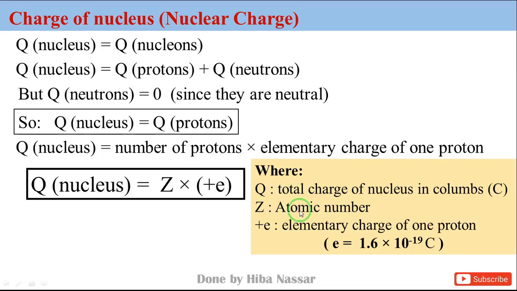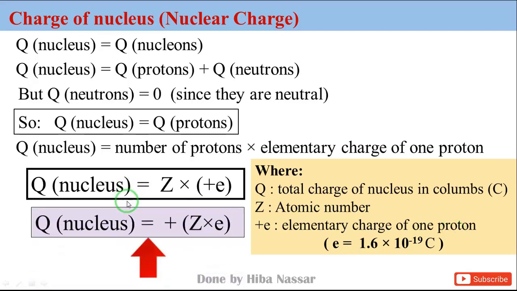Capital letter Z is the atomic number. Small letter e is the elementary charge of one proton. This formula can be written in this way to simplify it much more. So we can say that the total charge of the nucleus is equal to the atomic number times the elementary charge of one proton, and the answer has a positive value since protons are positively charged.